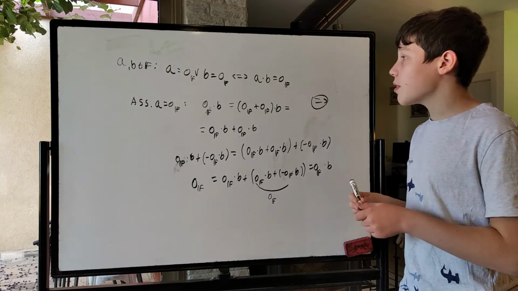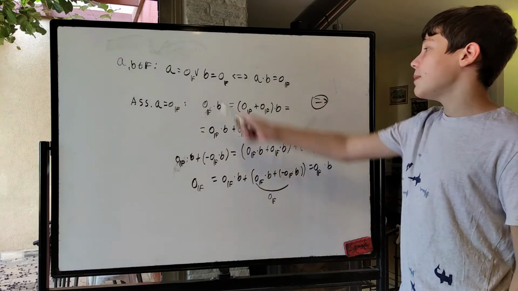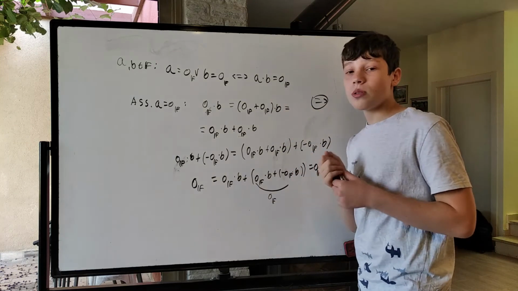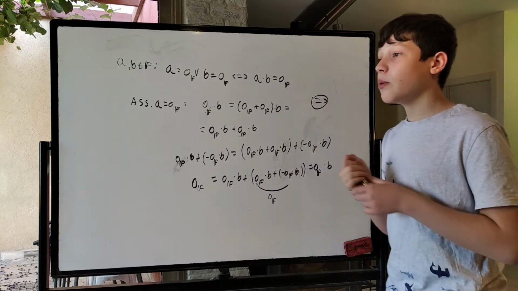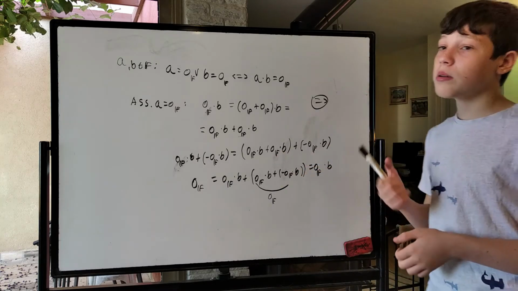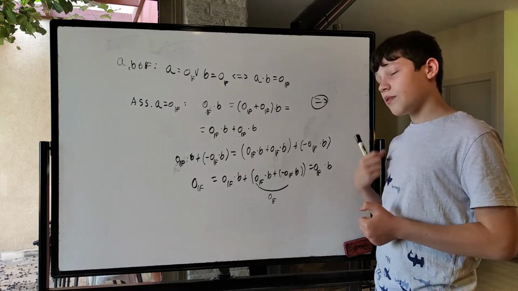And of course, the same thing we can do if b is equal to 0. Because if b is equal to 0, all we need to show is a times 0 is 0. But then we can switch around the order, and we'll have the exact same thing: 0 times a is 0, which we've just proven.